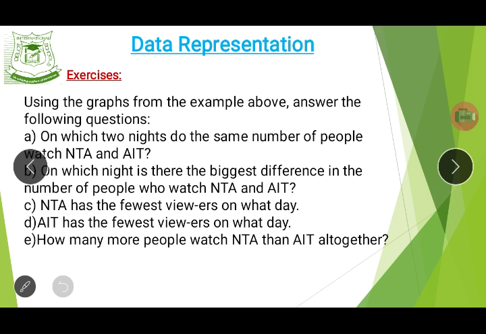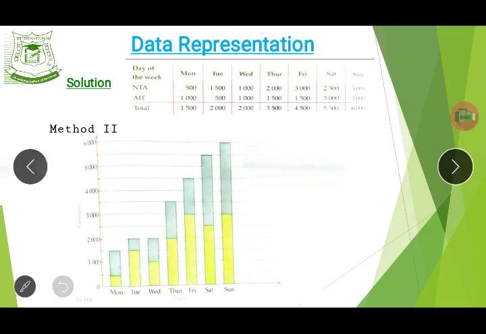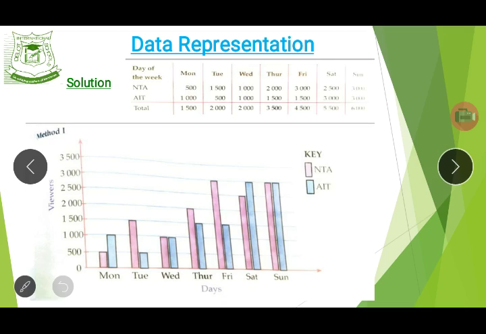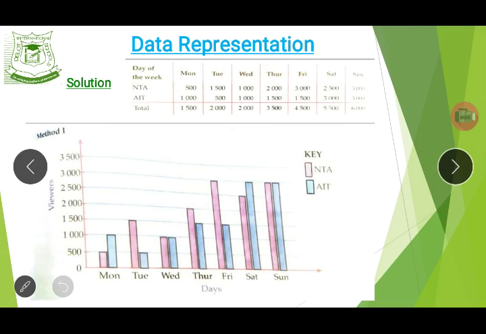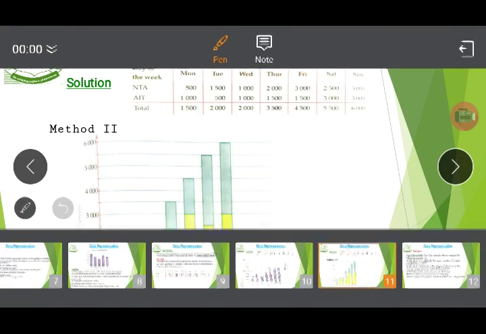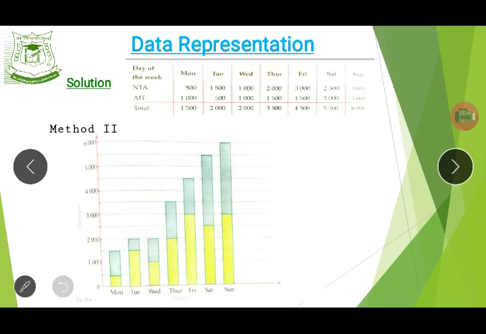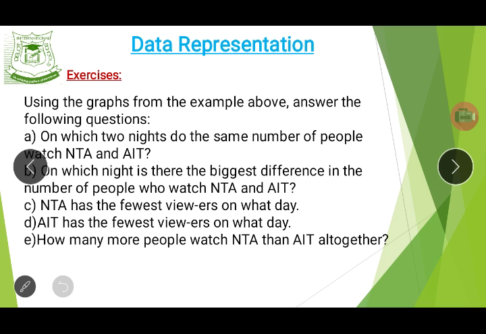Using the graphs from the example above, that is the example which we just solved, and the table and this solution, either this graph or this graph, whichever one, use the graph from the example above to answer the questions which you see right now.